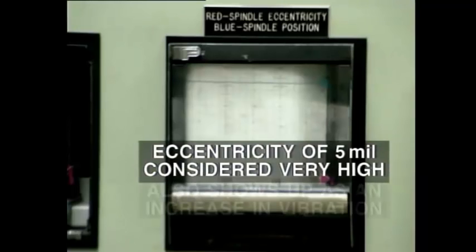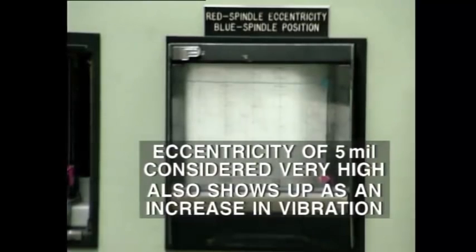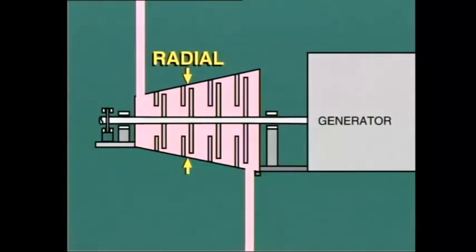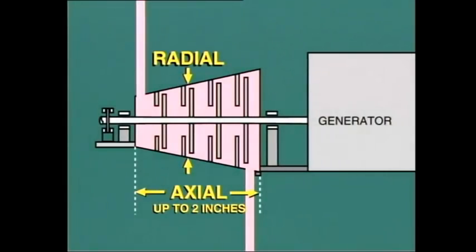High eccentricity also shows up as an increase in vibration at the bearings. In actual fact, the expansion of the turbine components in the radial direction is quite small. On the other hand, the longitudinal expansion, that is, in the axial direction, is considerable, perhaps 1 to 2 inches between the cold and full load condition.